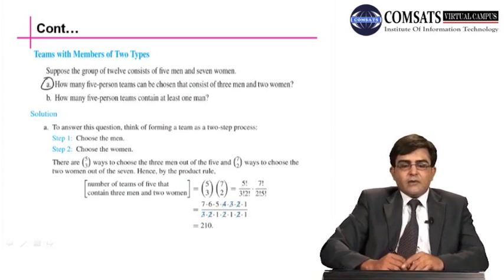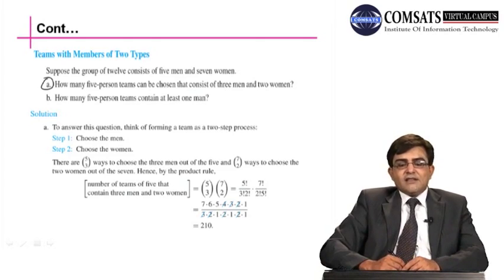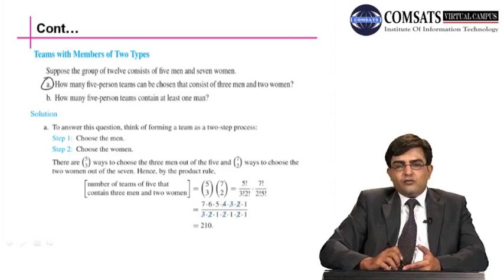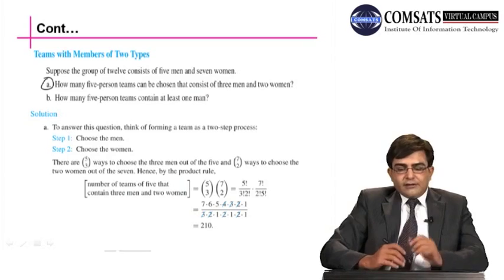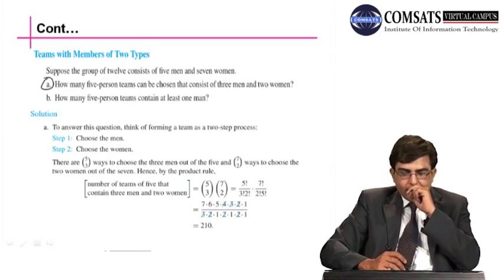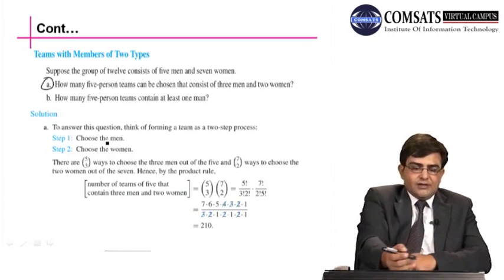In the first part, how many 5-person teams can be chosen that consist of 3 men and 2 women? So how do we choose such teams?